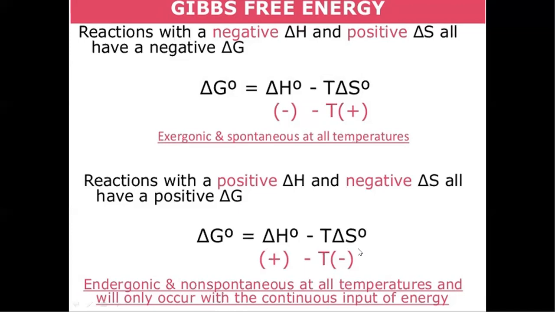Why? Because entropy mainly depends upon disorder, but here minus indicates that it is orderly oriented, organized. So this is the second case. At this condition, it gives endergonic reaction and non-spontaneous reactions at all temperatures.